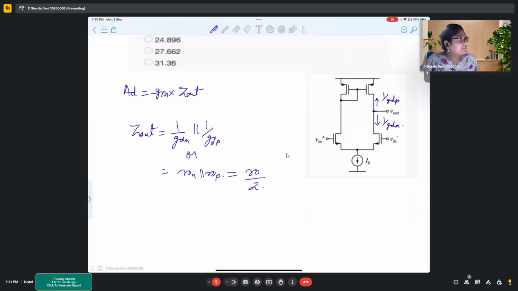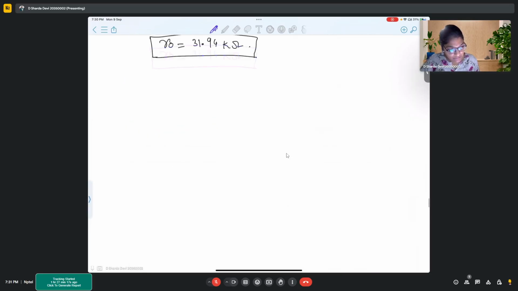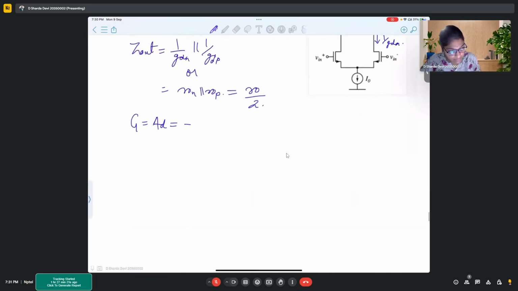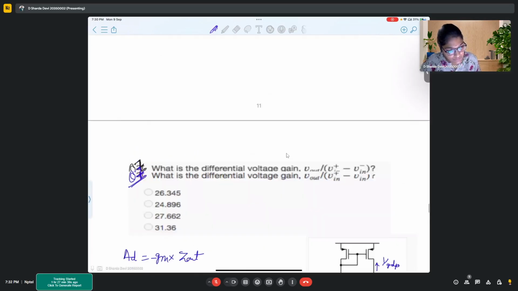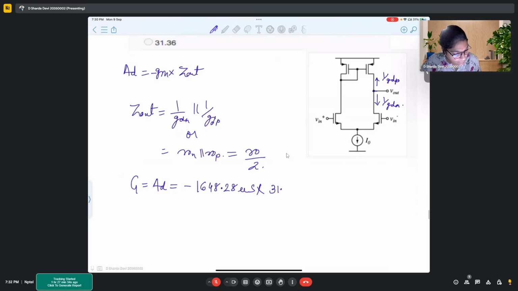And gm we already found out. So the gain will be, that is AD equals minus gm, which was how much? 1648.28 microsiemens into R naught by 2, which is 31.94 kilo ohms by 2.